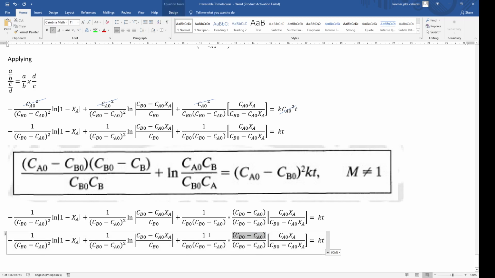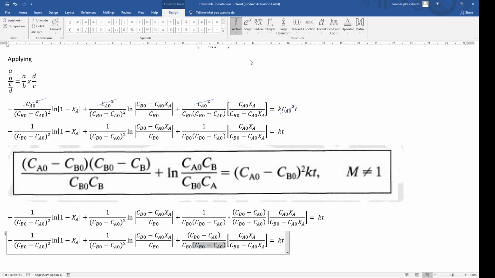So you have that, that. And this one is going to be squared. And since nakainani siya tanan, what we could do is transpose it to the other side para mawala na siya.